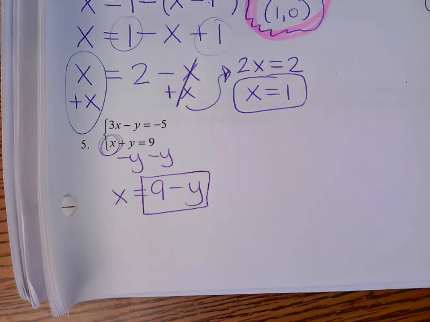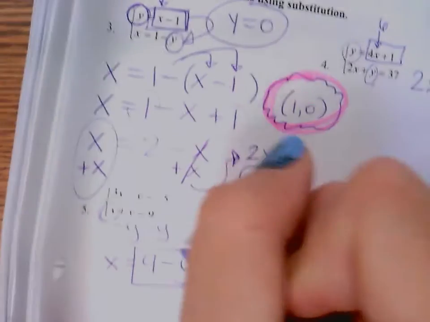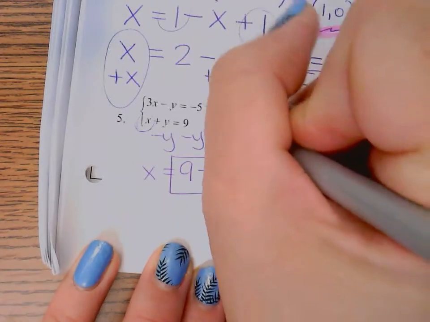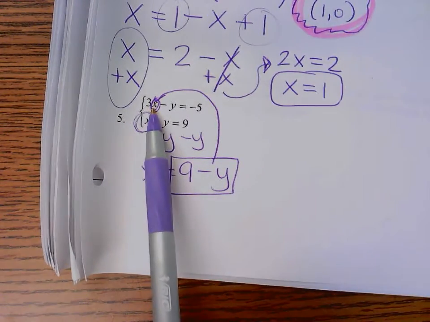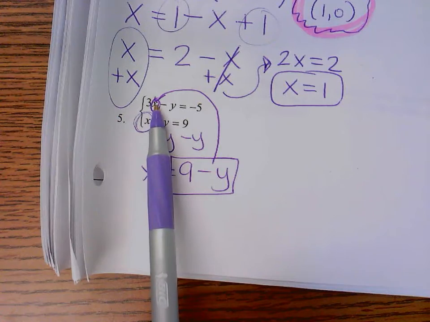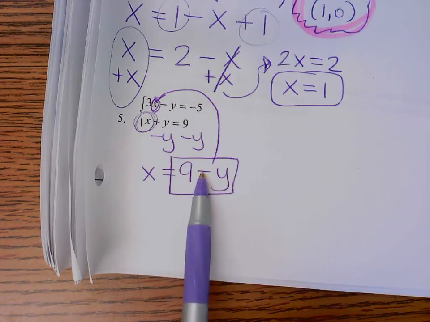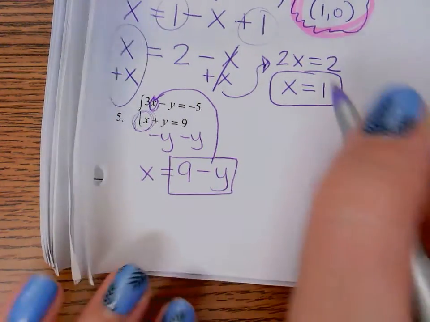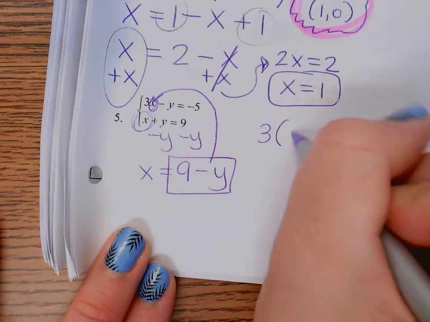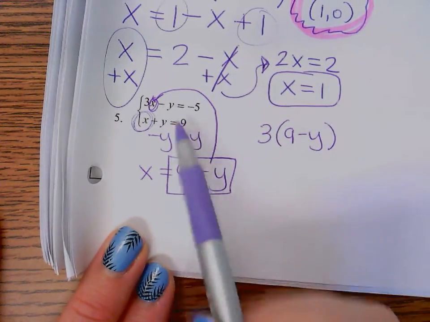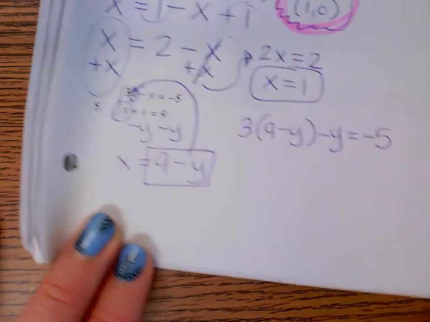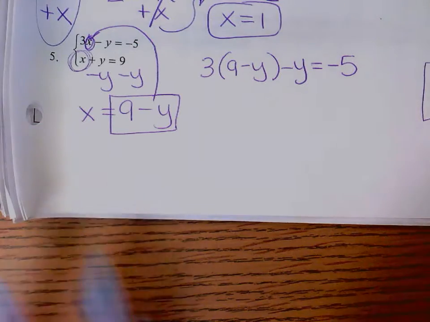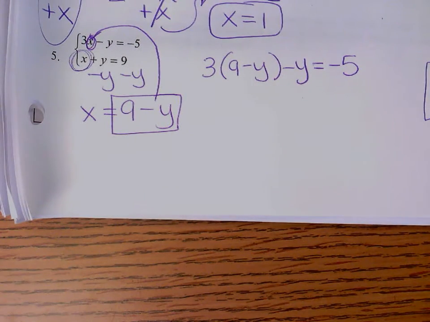So where am I going to put it? I'm going to put it in for x in the top equation, right? 3x. So where that x is, I'm going to rewrite it as 9 minus y. And then you're going to solve it the rest of the way. 3 times 9 minus y equals negative 5. So can you take it from that step, distribute the 3, and maybe solve for y? I think you can.